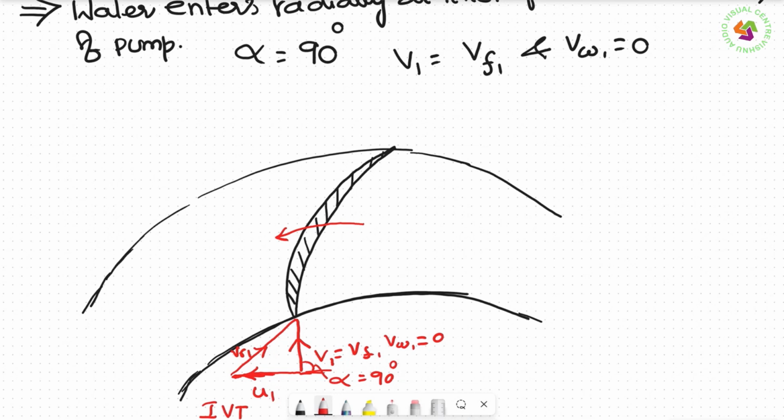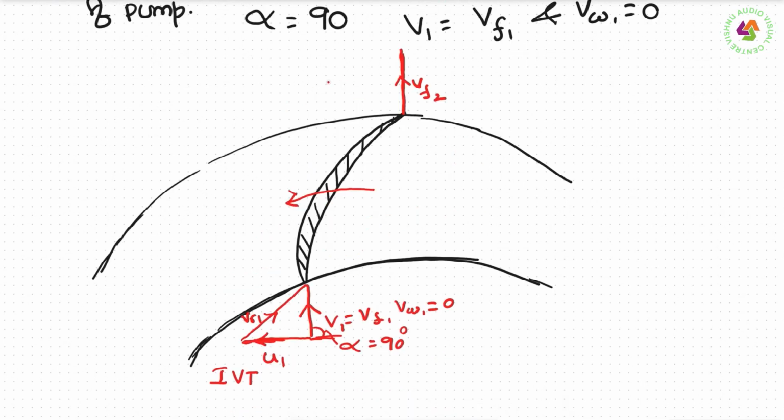Outlet velocity triangle also same thing. The water leaves radially. So this is how it will be. So it is equal to Vf2, the velocity of flow. Then how V2 looks like. This is how V2 is going to be.